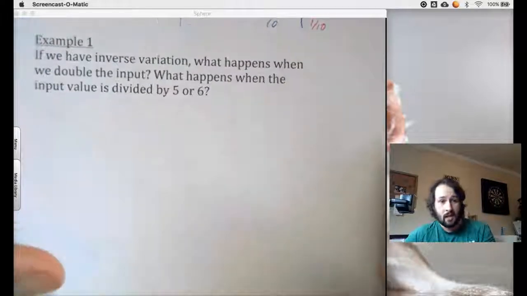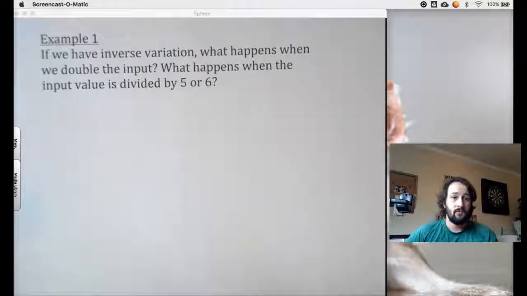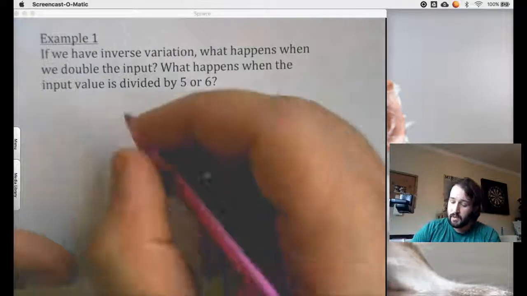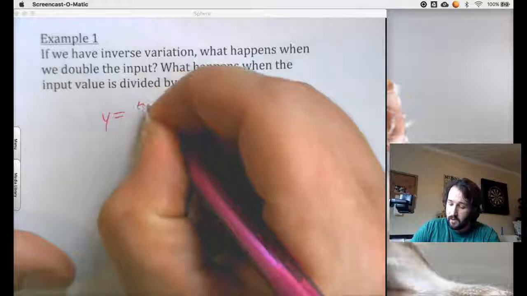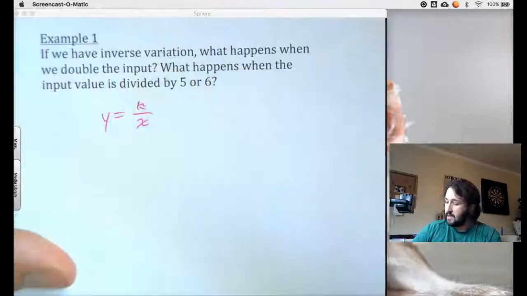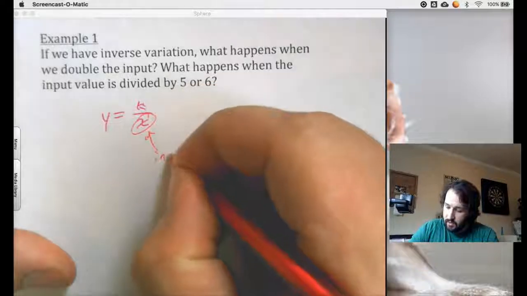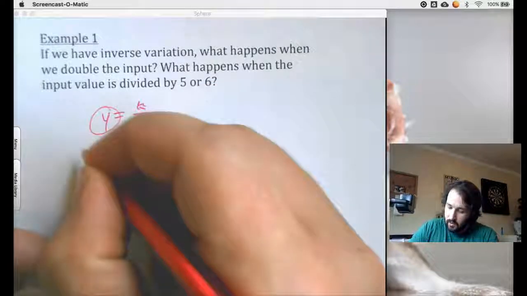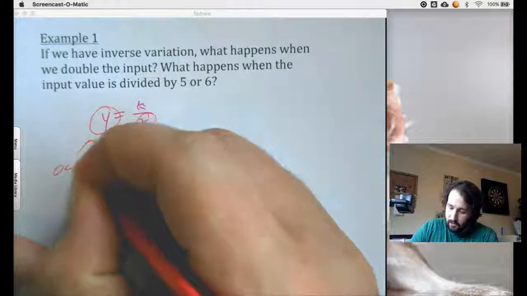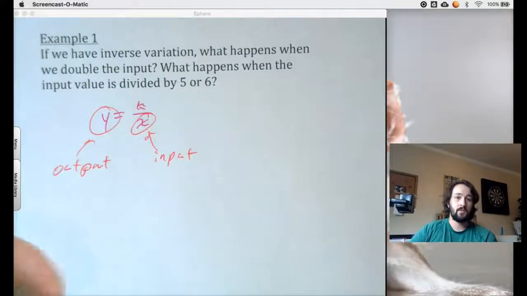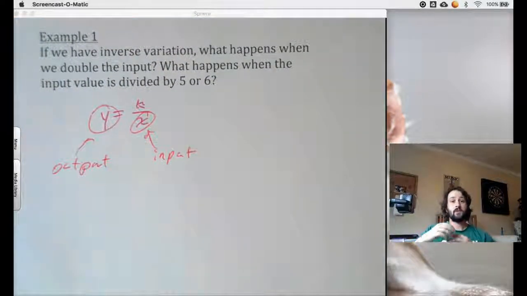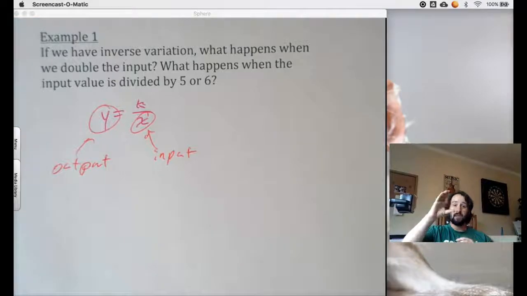Another thing they're going to ask you about is if we have inverse variation, what happens if we double the input? Remember, inverse variation, this was in the last video, y equals k over x. So this number is my input, this number is my output. Remember as well, with inverse variation, as something gets bigger, the other thing gets smaller.